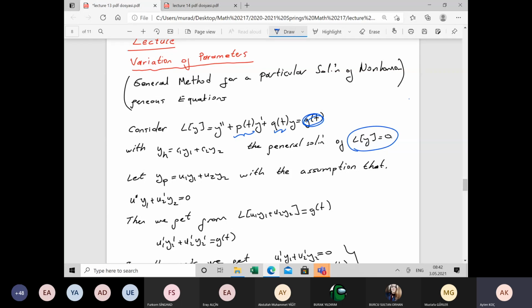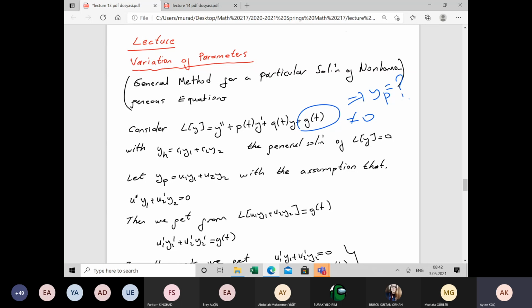Our aim, if our differential equation is non-homogeneous, g of t not 0, is to find the particular solution of the non-homogeneous equation.